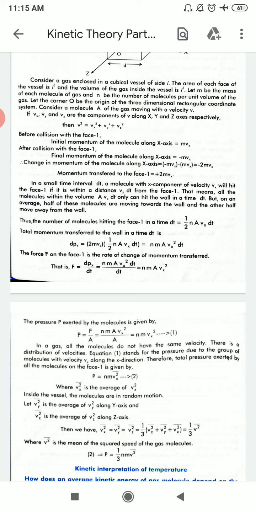The rate of change of momentum is also force. So F = dpx/dt, which from the above equation is nmv_x² dt/dt. The dt cancels, so that is equal to nmv_x².